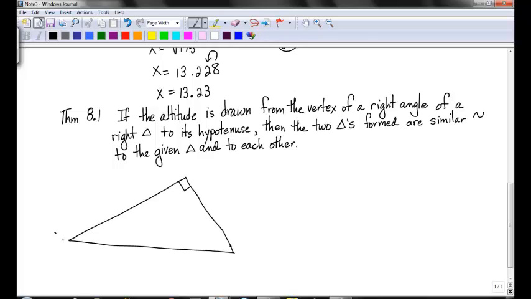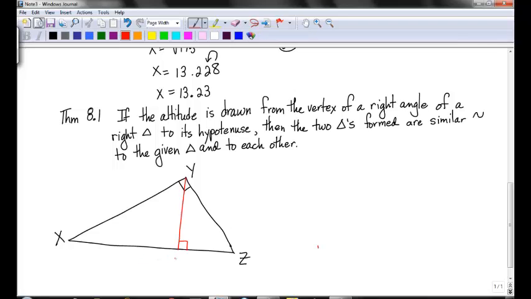Label this X, label the right angle Y, label this Z. If an altitude is drawn from the vertex of the right angle, and remember, an altitude has to be a right angle down there too, it doesn't necessarily split this in half. Then the two triangles formed are similar to the given triangle.